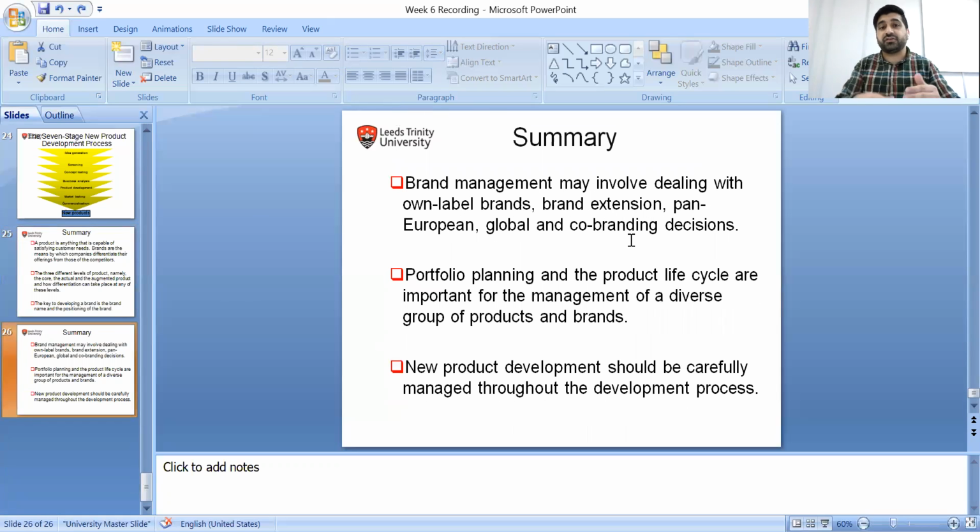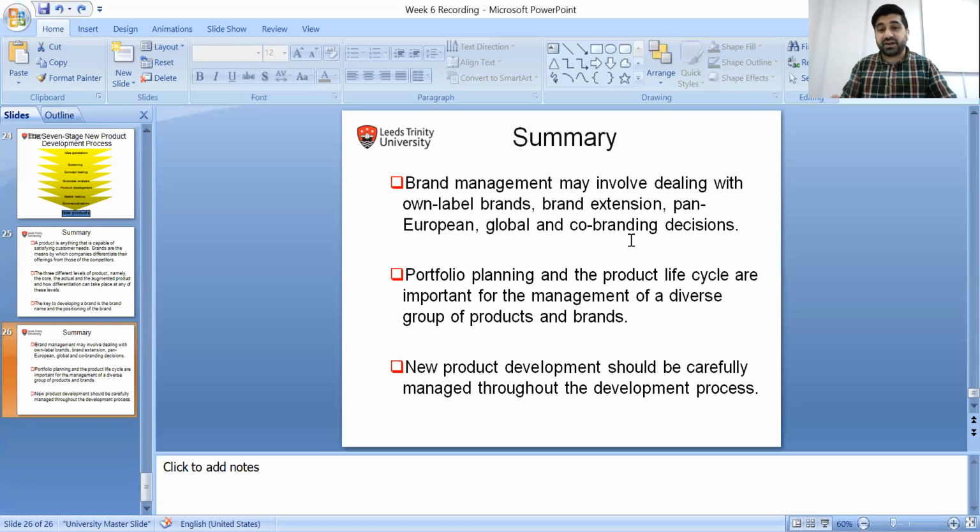We also talk about brand management, which may involve dealing with own label brands, brand extension, and the European, global and co-branding decisions. Portfolio planning and the product lifecycle are important for the management of a diverse group of products and brands.